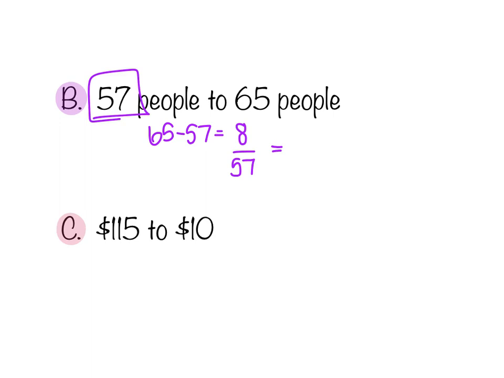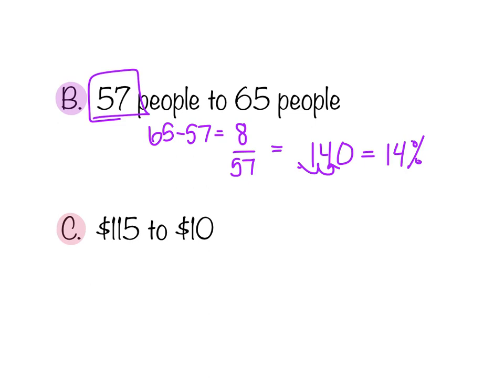So 8 divided by 57 is, if I round here, it's going to be 0.14, and then that 3 is not enough to bump the 0 up, so that would be 0.140. And then I'm going to slide the decimal over 2 spots, and that's going to make this 14%.